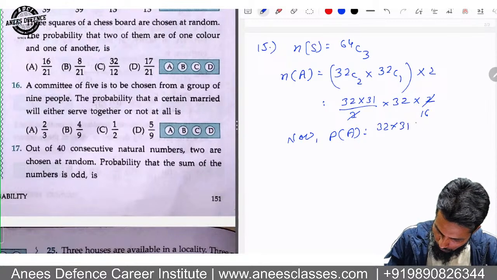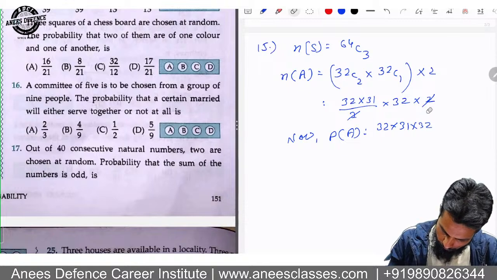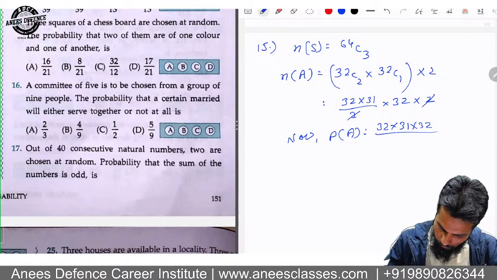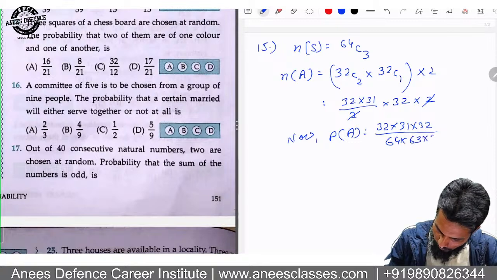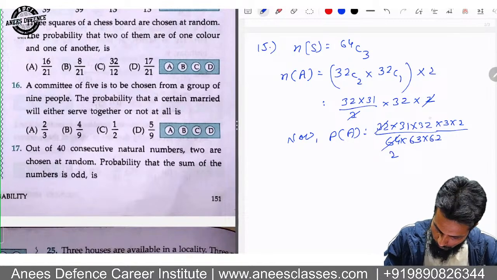32, 31, 32 upon 64, 63 and then 62, and in the numerator you will get 3 into 2. Now see, 32, 2 times 64 is fine. Next, with this 3, I will cut this 63.